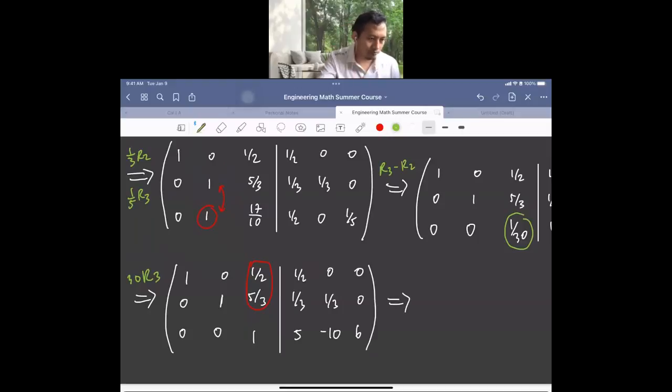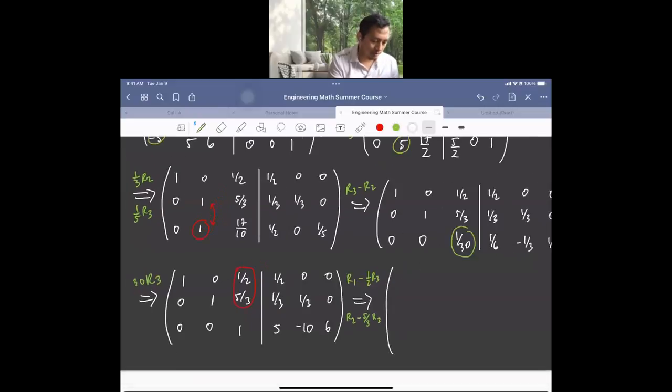So I will write R1 minus half R3. Okay. And then the second one is R2 minus 5/3 R3.